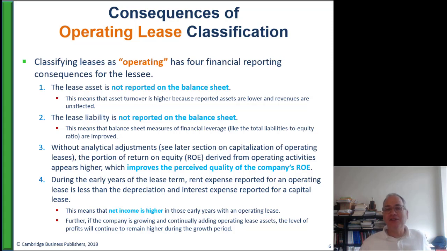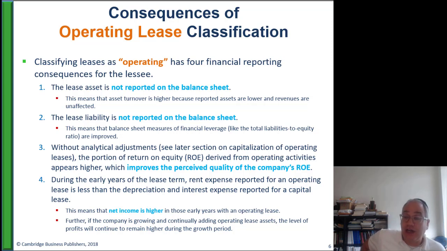Consequences would be if you classify an operating lease rather than a capital lease, then there are tremendous financial consequences for your financial statements. One thing, you're not recording any lease asset. So your balance sheet is missing assets, and that means your asset turnover looks higher, i.e. better, than it really is.